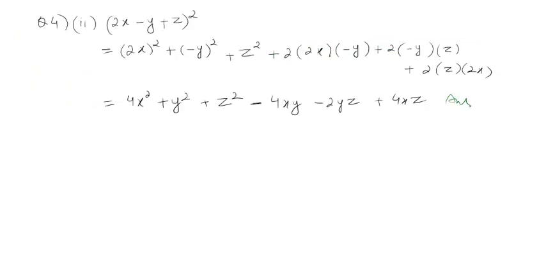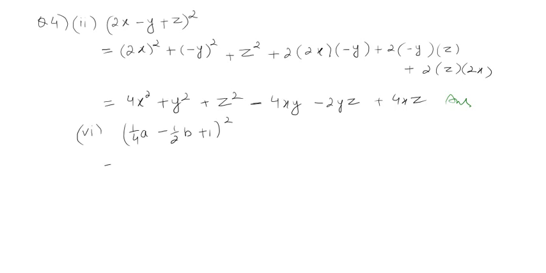So this is the sixth part. Sixth part is (1 by 4a minus 1 by 2b plus 1) whole square.